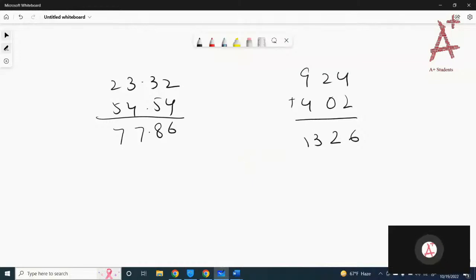So it would be 1326. Got it? Select the correct option and click on the OK button.